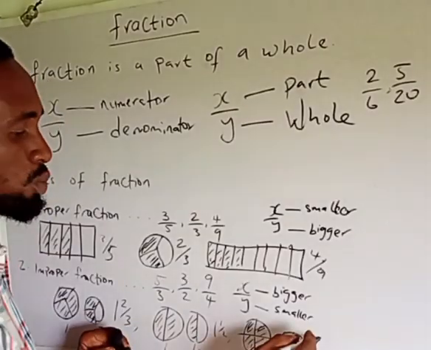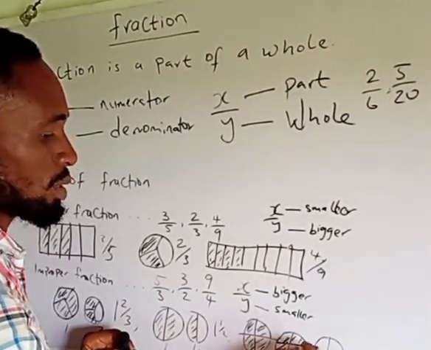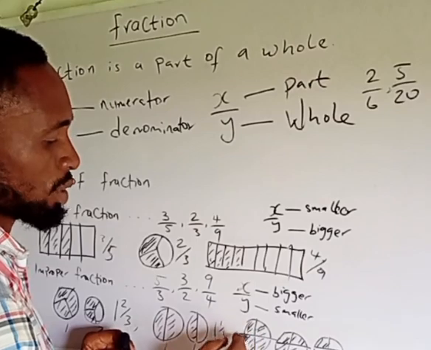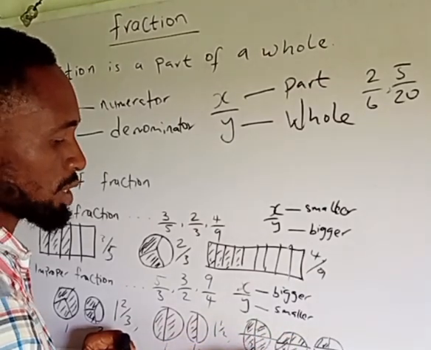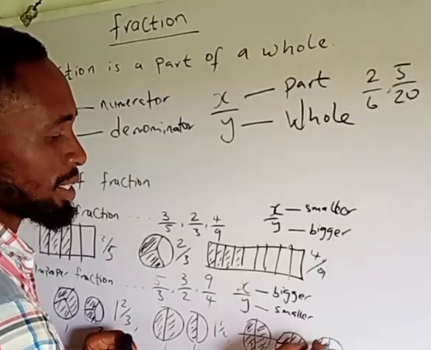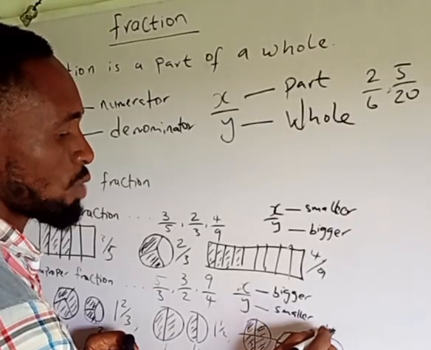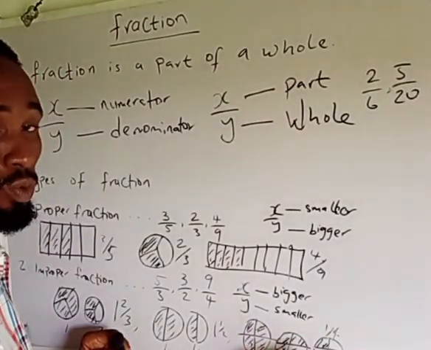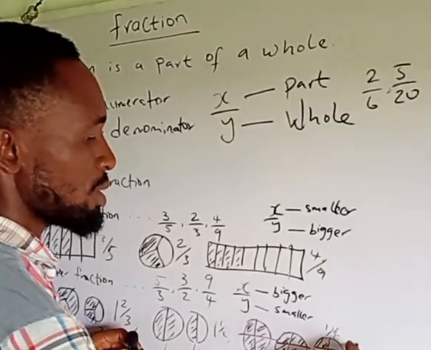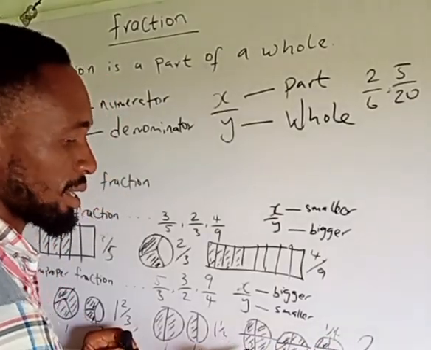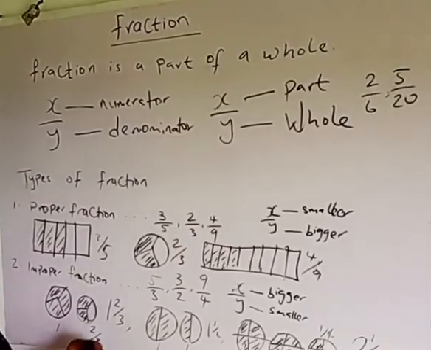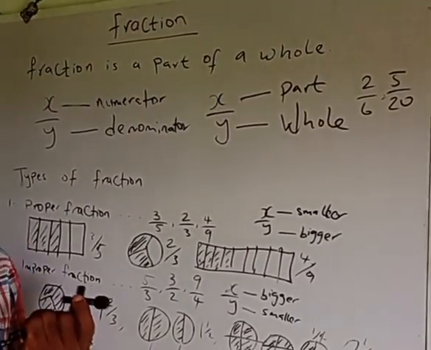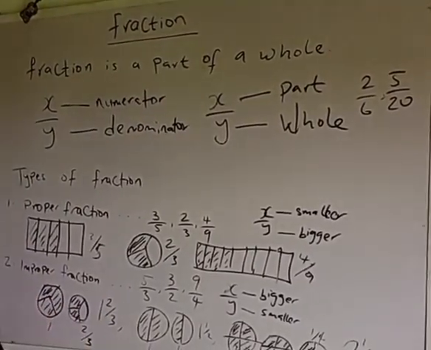It's not up to 9, so I'll still draw a third one. This is 1, 2, 3, 4, 5, 6, 7, 8, 9. This is 1 whole, this is 1 whole, and this one is 1/4. Exactly, this is 1/4. So everything I have here will give me 2 whole number, 1/4. Is that okay?